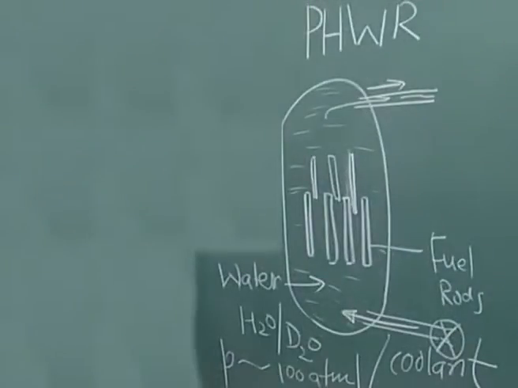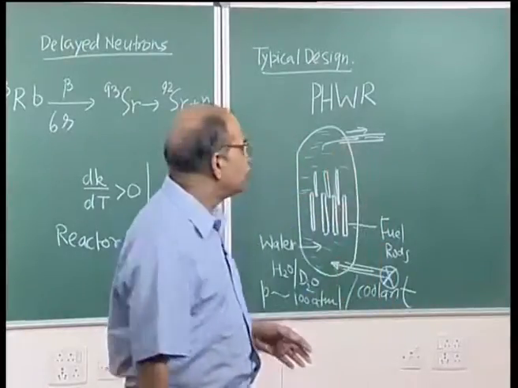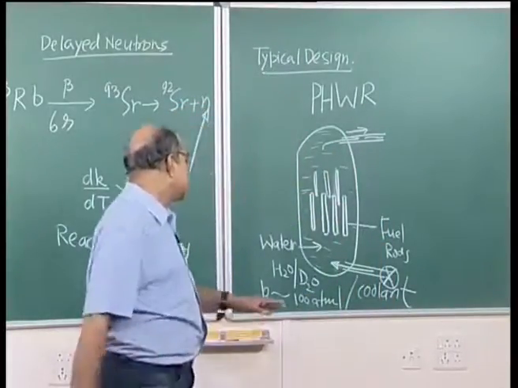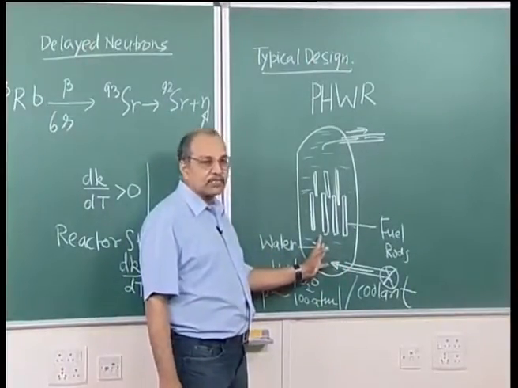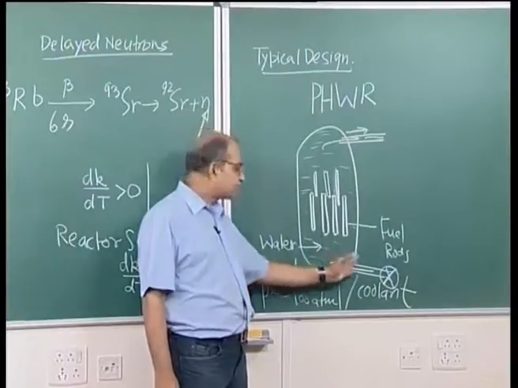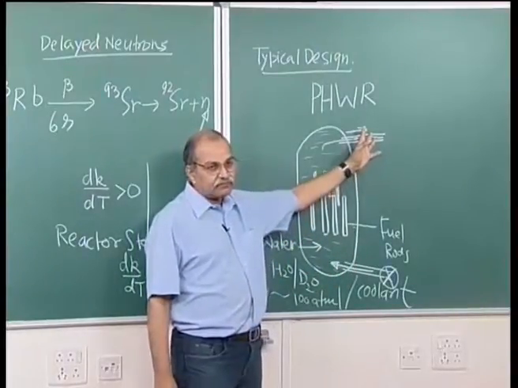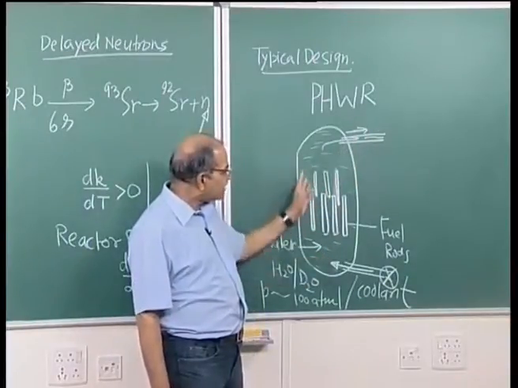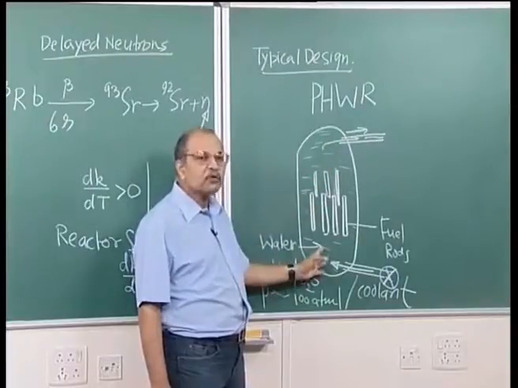One can have other types of coolant depending on the design, but for this PWR or PHWR, it is cooled by this high pressure water, water maintained at high pressure, water sent at high pressure and then taken out. It not only acts as a coolant to take the heat out, it is also the moderator.